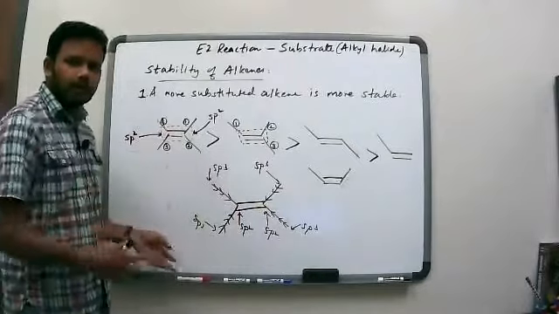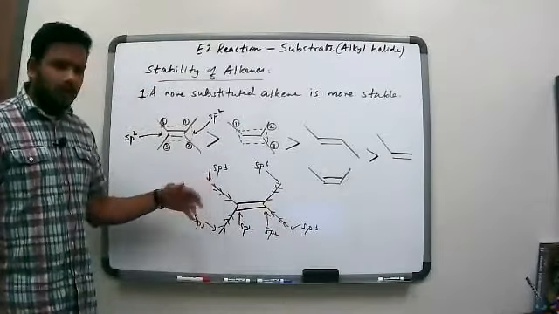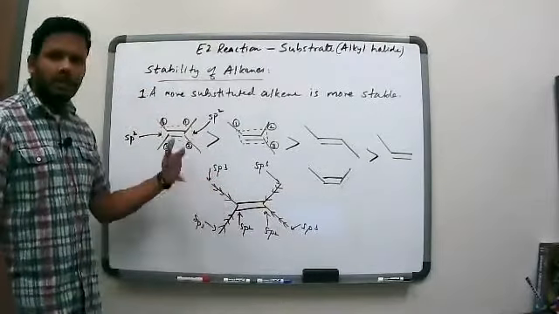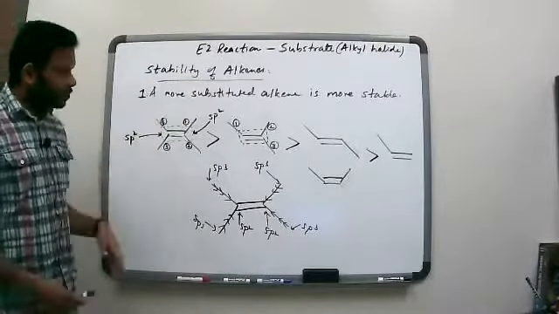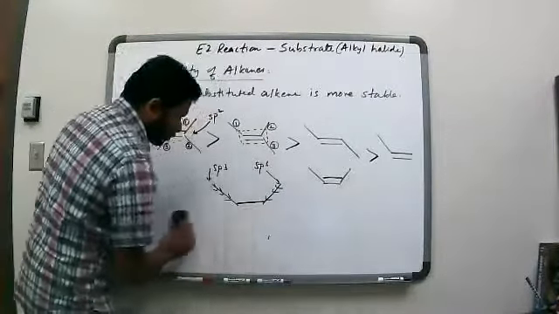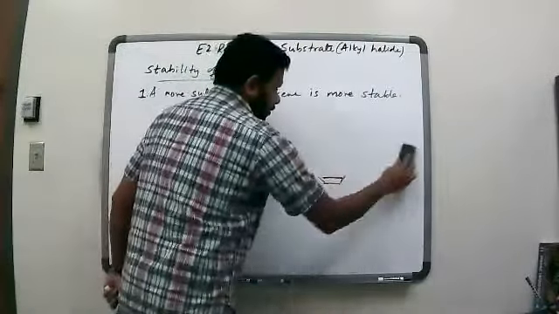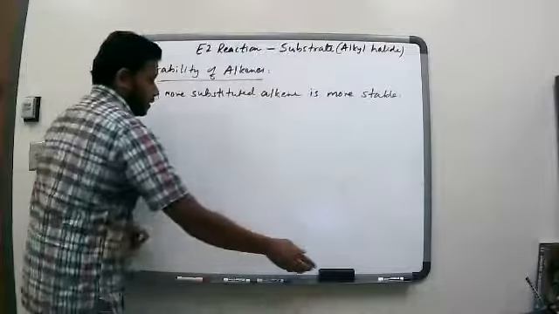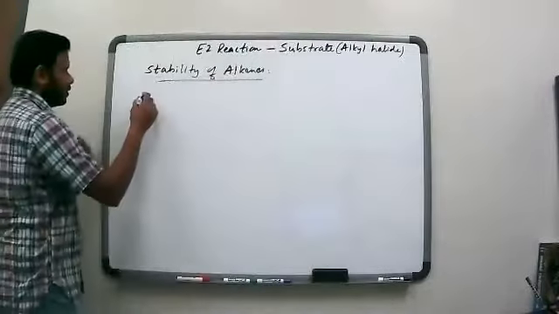The hyperconjugation effect explains why a more substituted alkene is more stable. So that's one thing that determines the stability of di, tri, and tetrasubstituted alkenes.